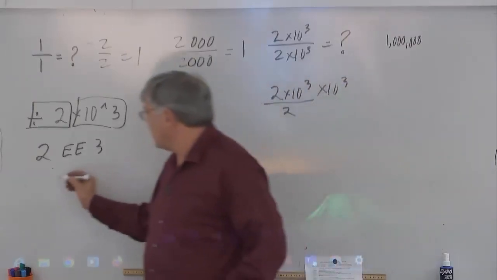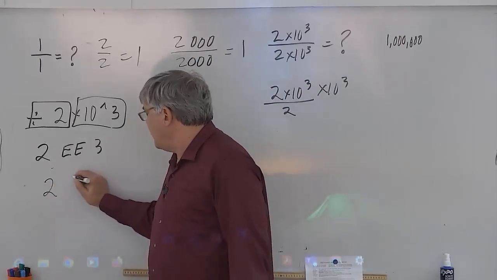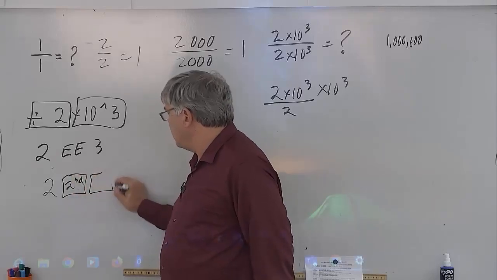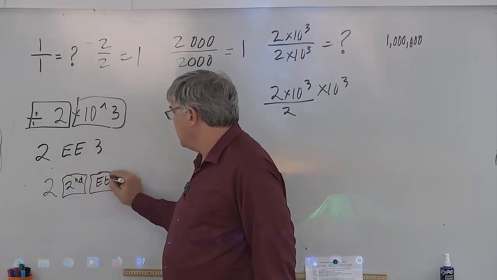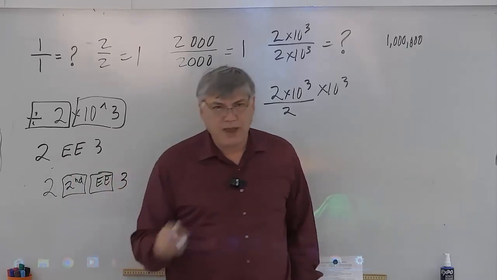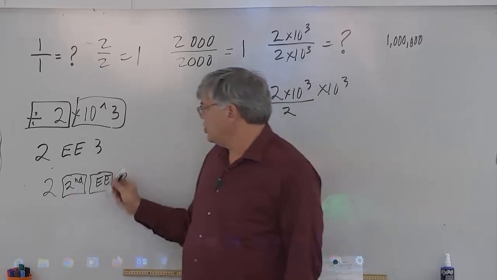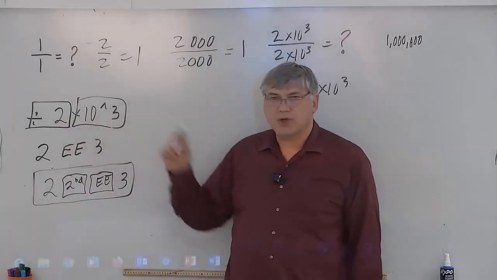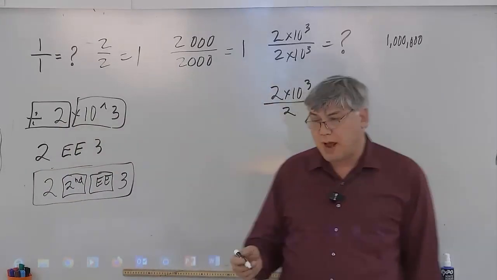So on my calculators, it's 2 and then the second button, and then the EE, and then the 3. And that right there will get you a single number instead of 2 separate numbers, and then you're not messed up by order of operations.